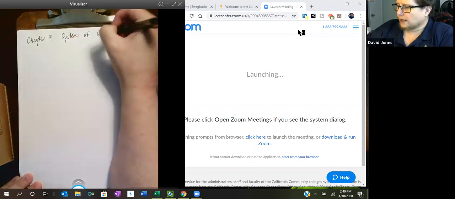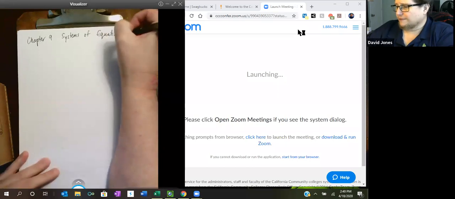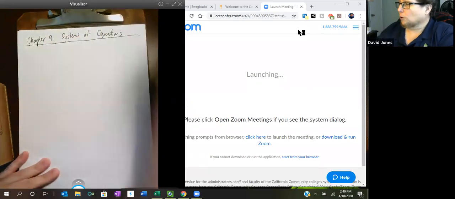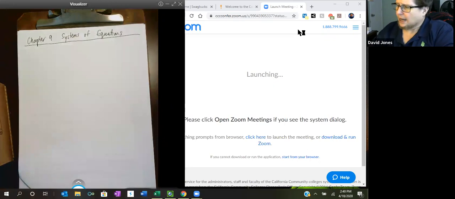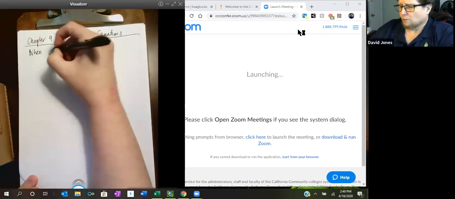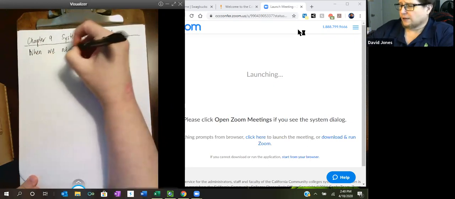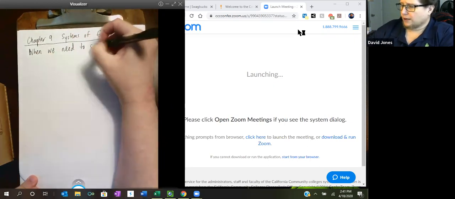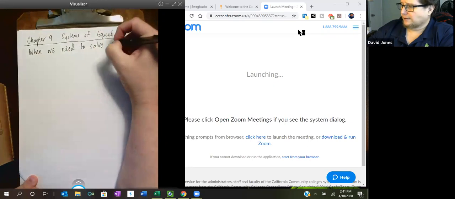And this is where, if you've hopefully seen this before in an algebra class, systems of equations is when we need to solve more than one equation simultaneously.